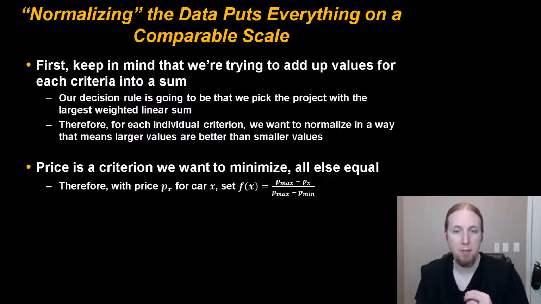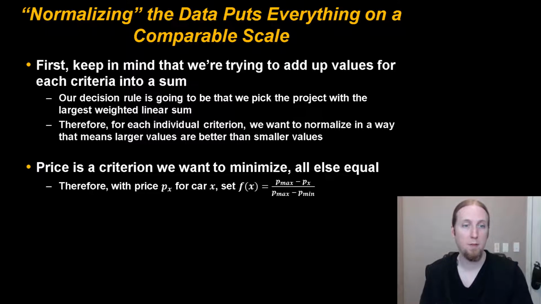This way, if we're looking at car x and it has the minimum price among all the cars we're considering, then the function f of x would just equal 1, because the numerator would become p max minus p min, and then we divide by that as well to get 1. If a car has the maximum price among all the cars that we're considering, then our numerator becomes p max minus p max, and so f of x equals 0, and that's going to be our worst option.